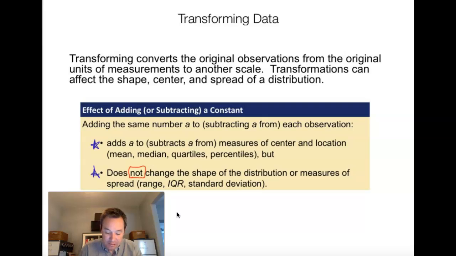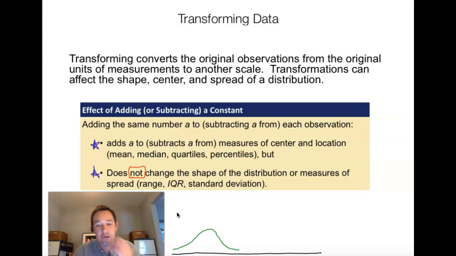The way I think about this is in terms of algebraic functions, because what we'll find out in a little bit is that we use things called density functions, and those are just the curves I draw to represent my distribution. So they happen to be functions as well. We can go back to our algebraic understanding of the graphs of functions.